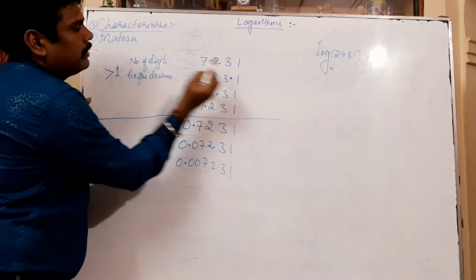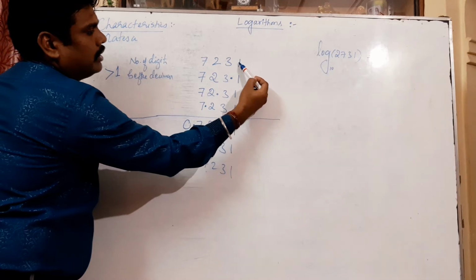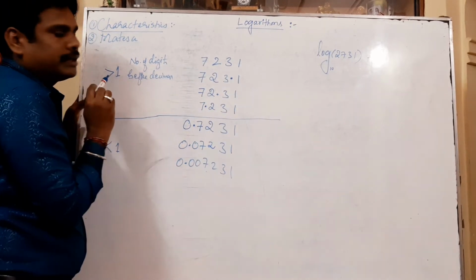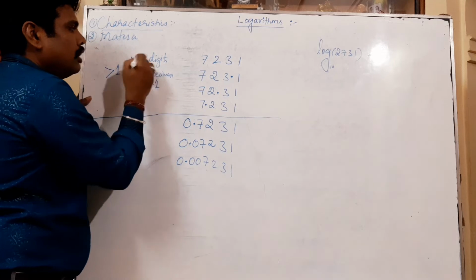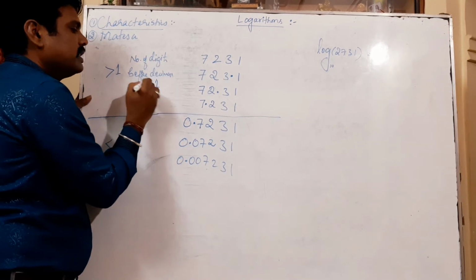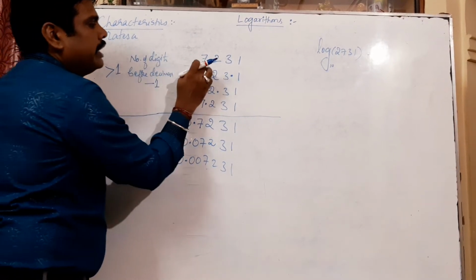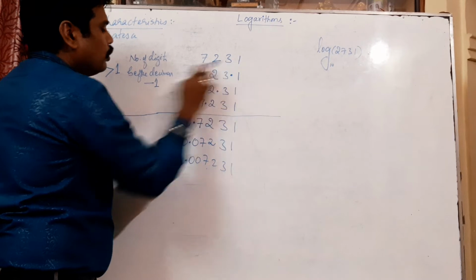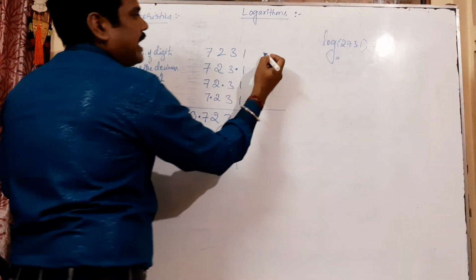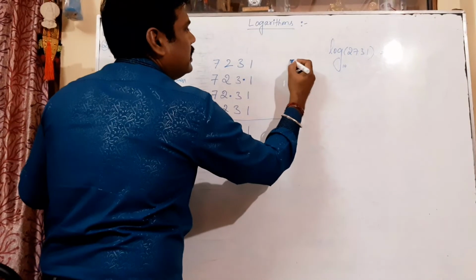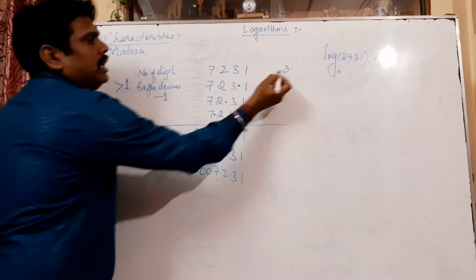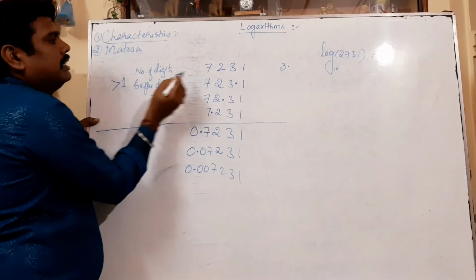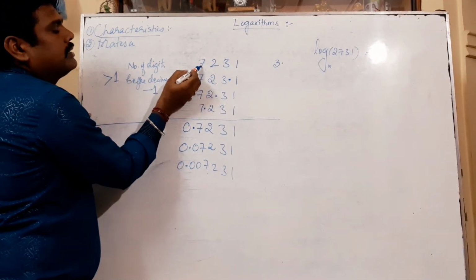So how many digits before the decimal? 1, 2, 3, 4. 4 digits. 4 minus 1 is 3. So what is the characteristic value for this one? It is 3. Clear now? So 3 is the characteristic value for this number.